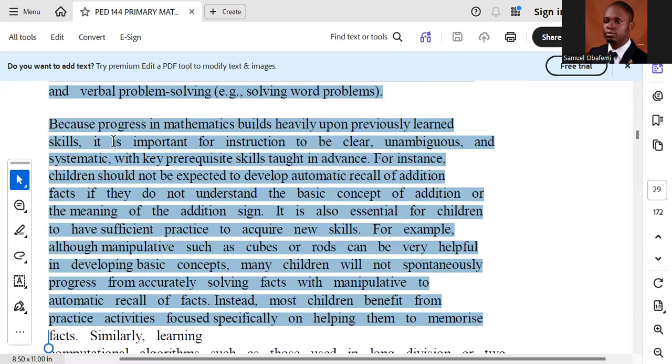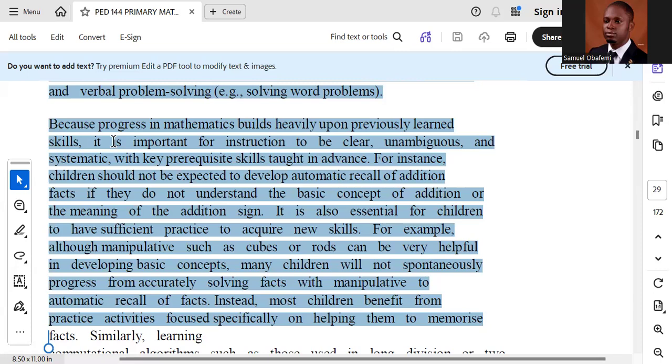Count 3 on this side, count 4 on that side, try to count them together. But when the child has been meeting 3 plus 4 time after time, and you've been counting and counting, it gets to a time that the child registers that in his or her brain. And without counting, the child will start telling you, 3 plus 4, that's 7. Why?